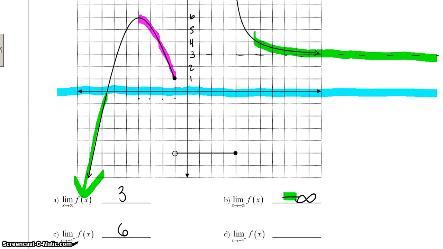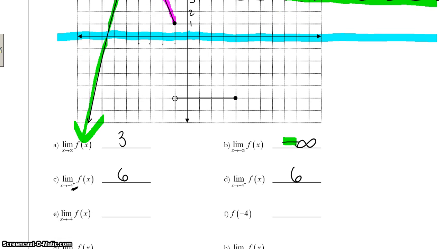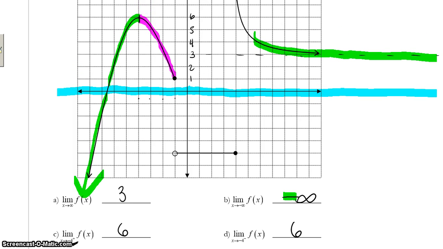And as x approaches negative 4 from the left side, f of x approaches 6 yet again, which means that the limit as x approaches negative 4, f of x approaches 6. And f of negative 4, so this point right here is negative 4, 6. So f of negative 4, if we plug in negative 4 into our function, we would get 6.